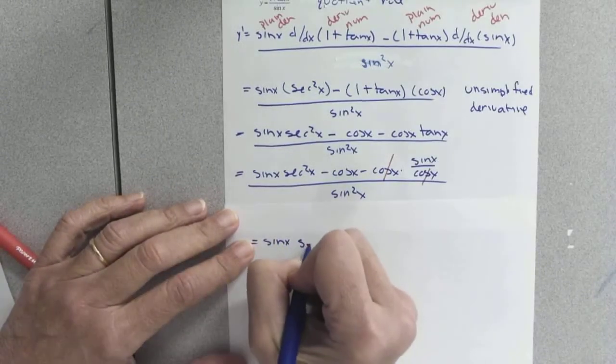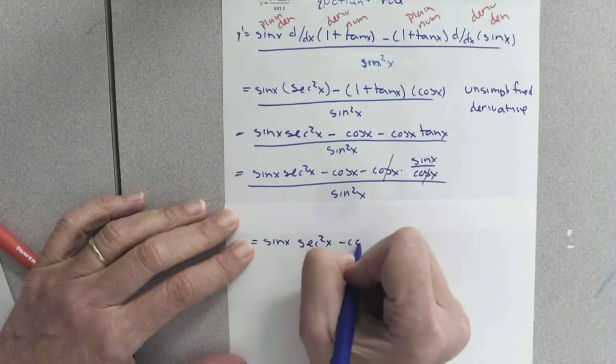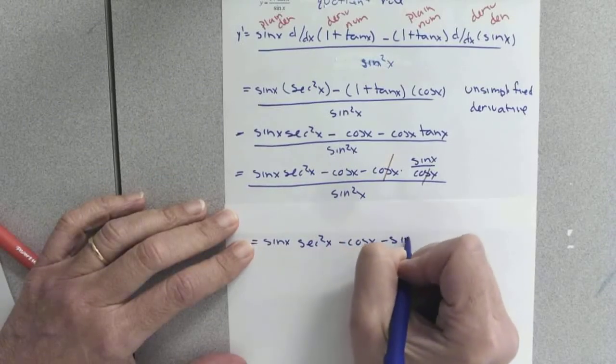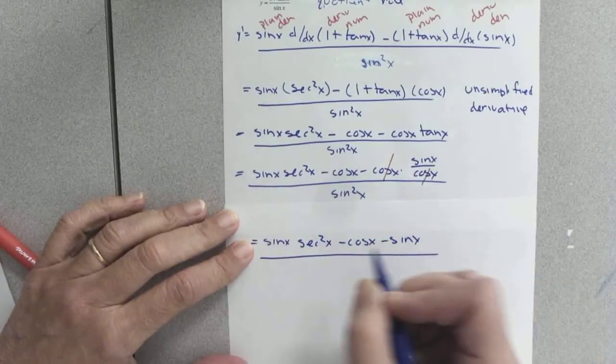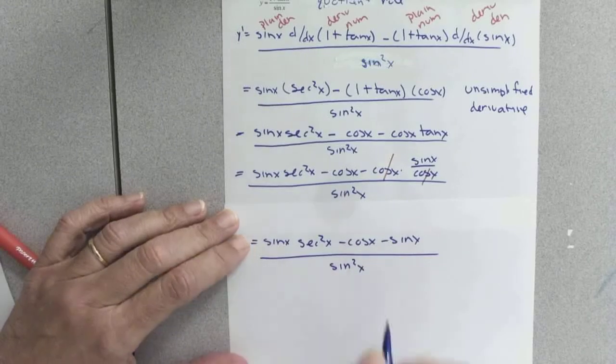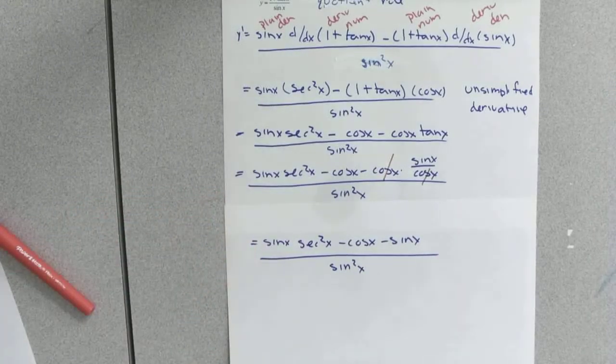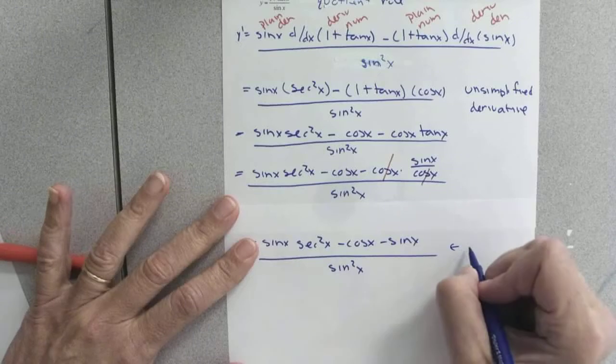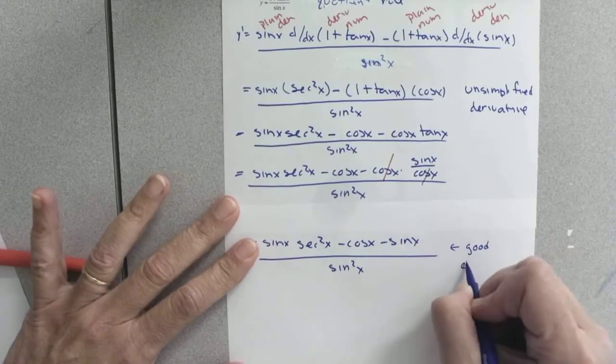And so that's sine x, secant squared x, minus cosine x, minus sine x, all over sine squared x. And if you got to this point, I'd be happy, but there might be more stuff that you could do. So we'll just play around with it a little bit here. That's good enough.